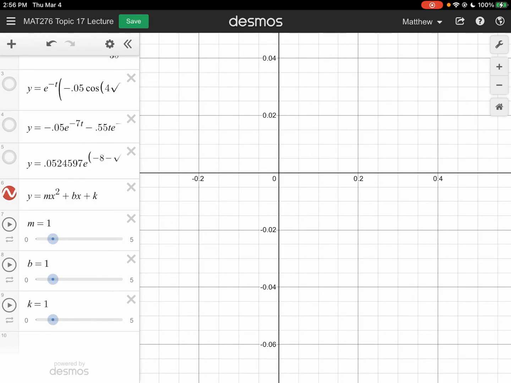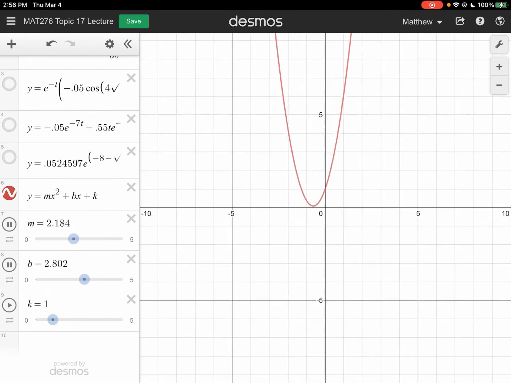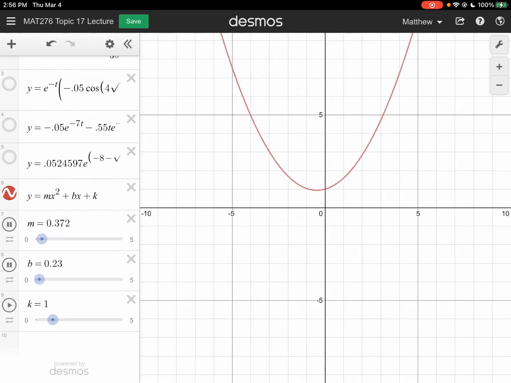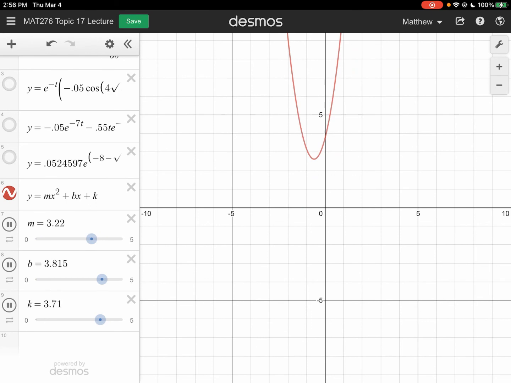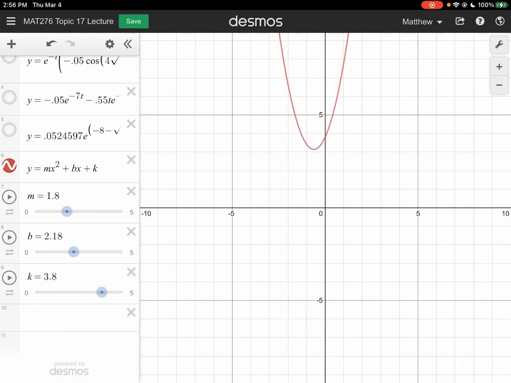And I just want to show you the different kinds of graphs we get as these values vary. They're always going to be parabolas. In fact, let's pause some of these and just toy with one of them. So m is the leading coefficient.